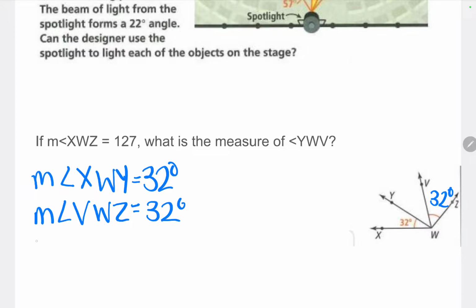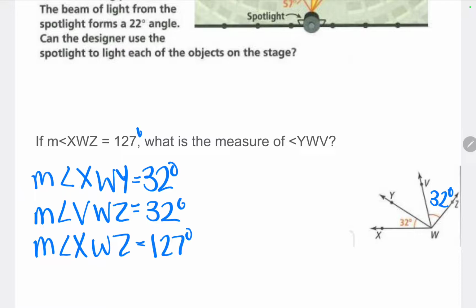Now I'm told that the measure of XWZ is equal to 127 degrees. So I'm asked, what is the measure of YWV?